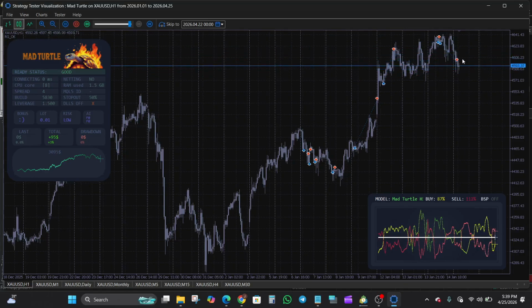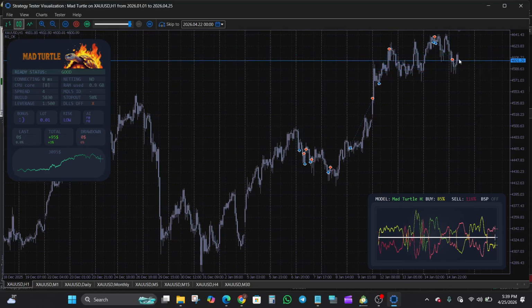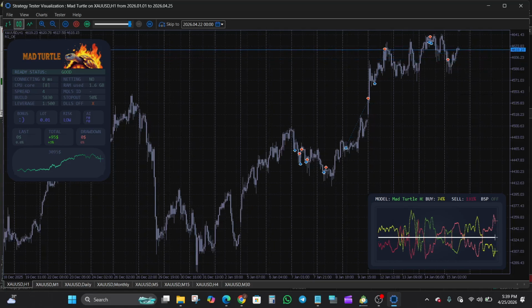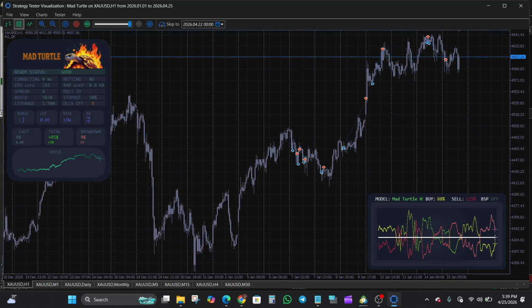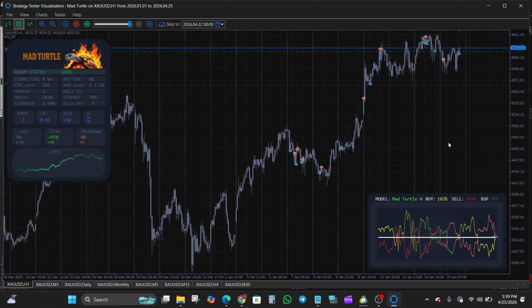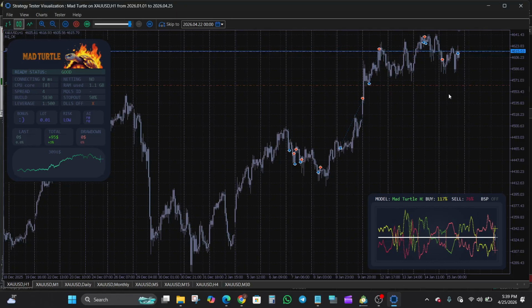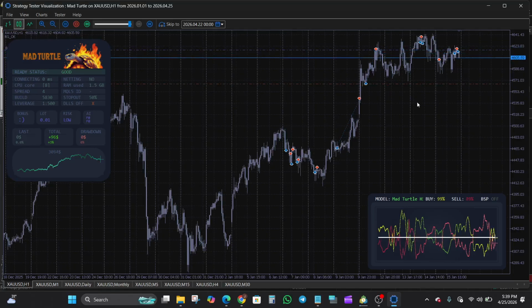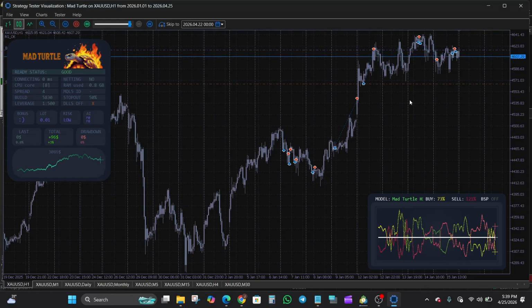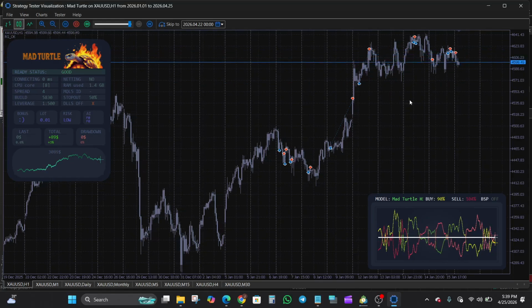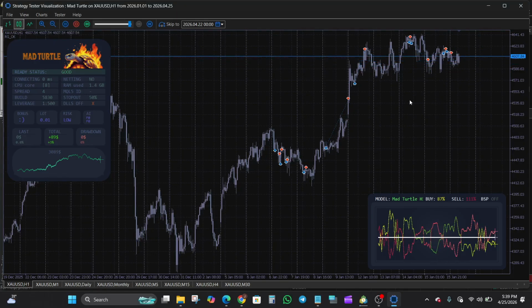You can see that the EA already closed the trade in loss, not allowing it to even hit the stop loss. So based on the core idea of this system, there will likely be fewer trades, but aiming for higher reward per trade.